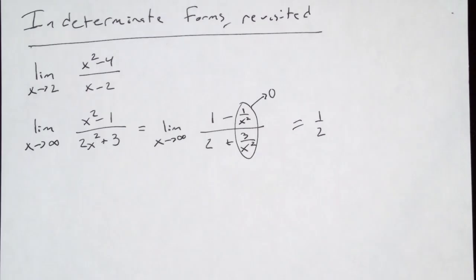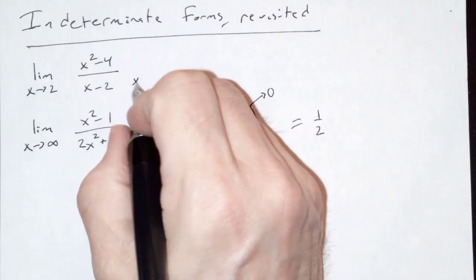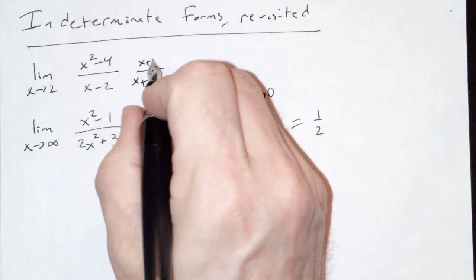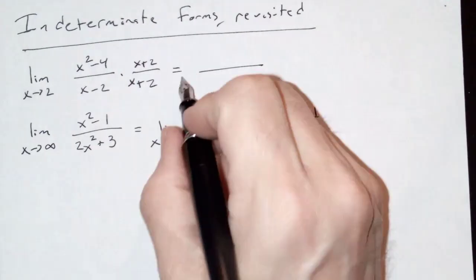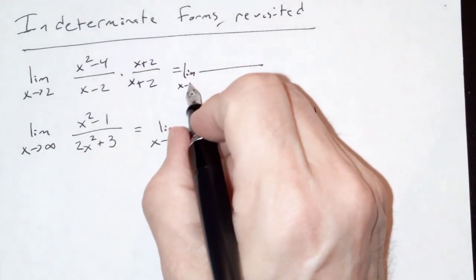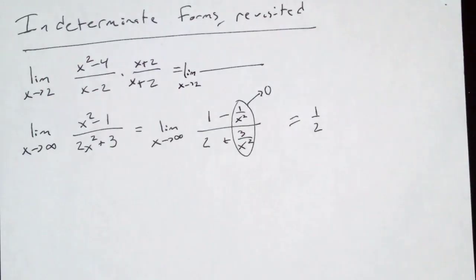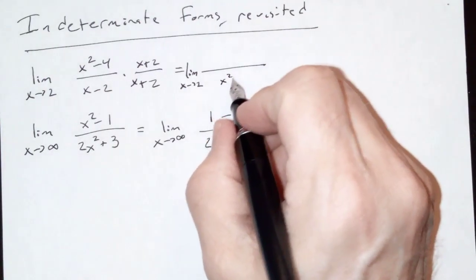If instead of multiplying by x minus 2 on the bottom and top, I multiplied by x plus 2, what would I get on the bottom? I'd get x squared minus 4 on the bottom.